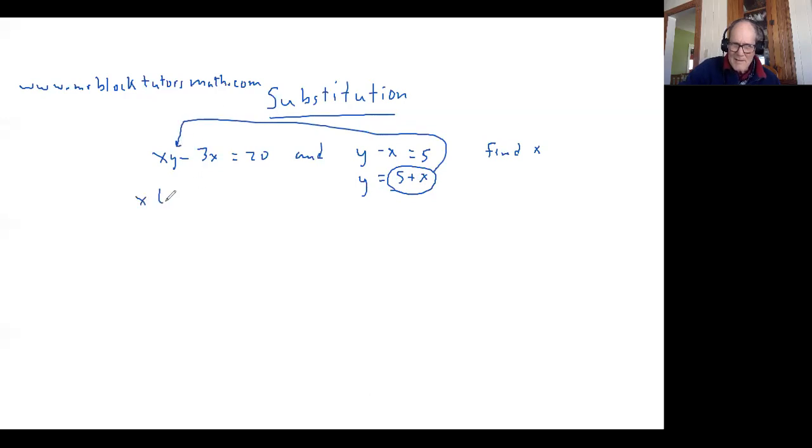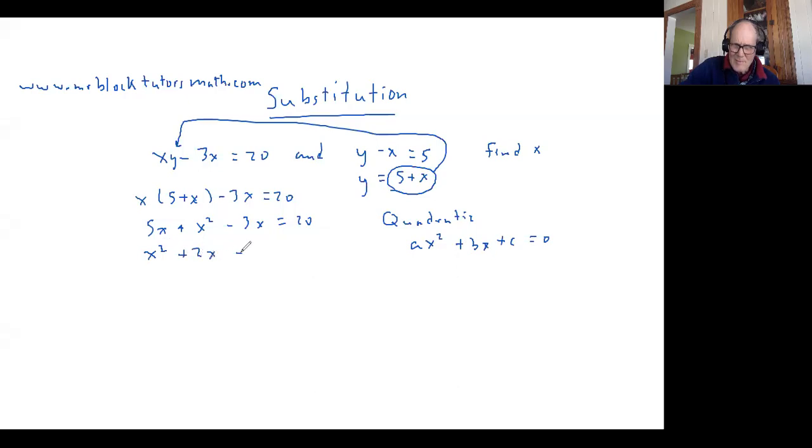So then I get x times 5 plus x minus 3x equals 20, which gives me 5x plus x squared minus 3x equals 20, which we should be thinking, uh-oh, this looks like a quadratic. So I should try to get the form ax squared plus bx plus c equals 0 in order to solve that. So I've got x squared plus 2x minus 20 equals 0.